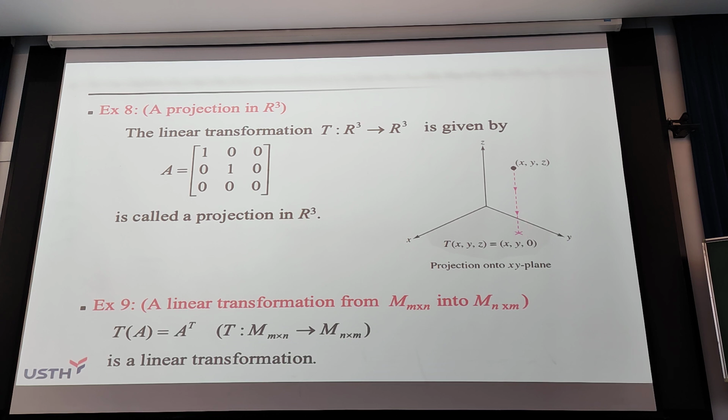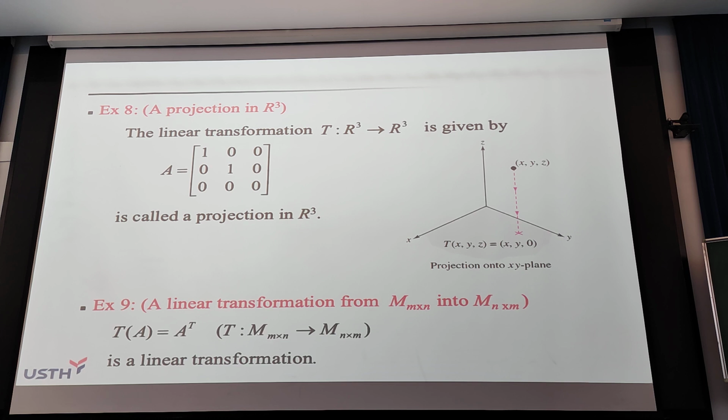And the next one, example number 9 here, is not familiar to you, but however, it is still a linear transformation. That is a mapping going from M by N matrices into M by N matrices. Please pay attention to the subscript here.